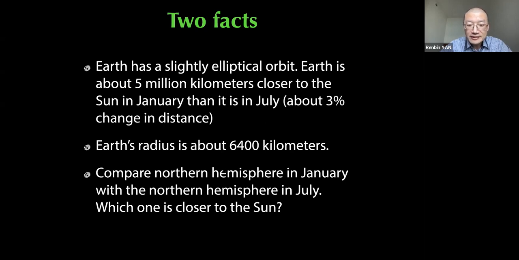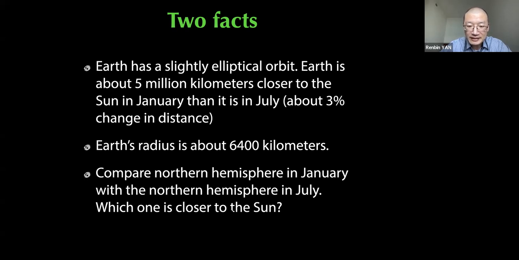And then if the northern hemisphere in January is tilted away from the sun, it is 5 million plus 6,400 kilometers, right? And so it is going to add a tiny bit on that. So it's still roughly 5 million kilometers.